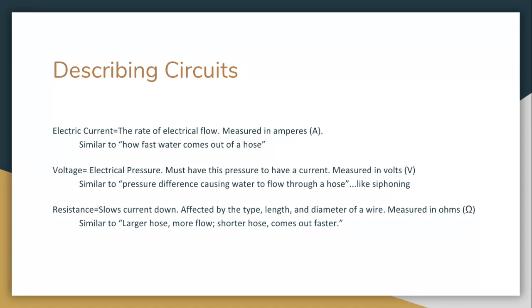Voltage is a pressure source for electricity. You have to have this pressure in order to push the electrons through. Now, if you don't have a voltage, then there's no current. We measure it in volts, or a big capital V. And it's similar to the pressure difference causing water to flow through a hose, like when you siphon something.